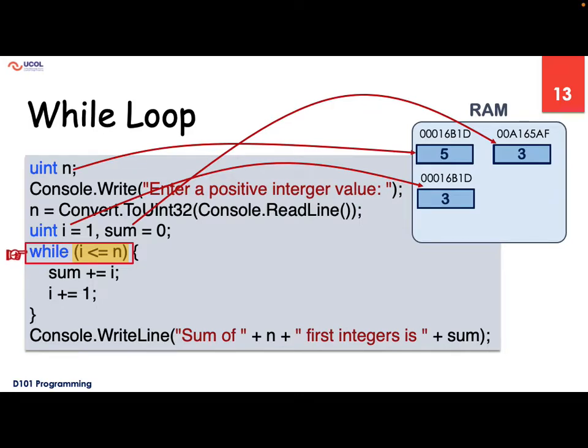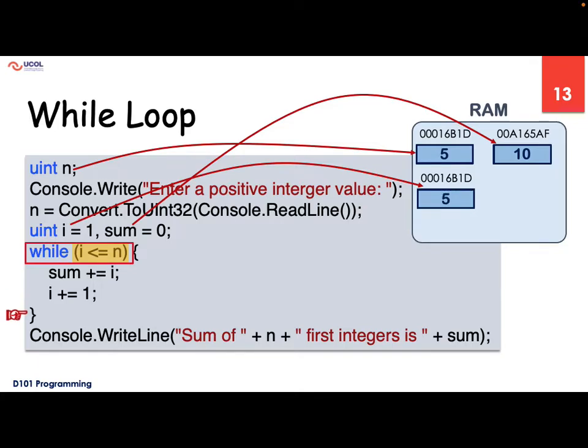Condition is still true, sum plus equal to i, 3 plus 3, answer is 6, the value of sum will become 6, and then increase the value of i to 4. End of the loop, go back and check the condition. Condition is still true, 4 is less than or equal to 5, sum is equal to sum plus i, 6 plus 4, answer is 10. Change that value in the sum variable, increase the value of i, make it 5.